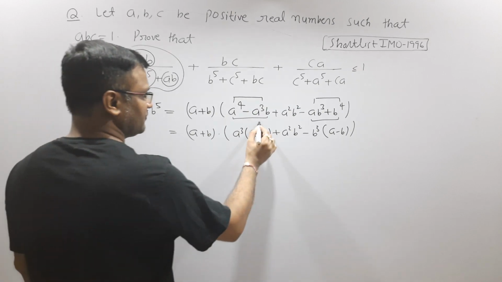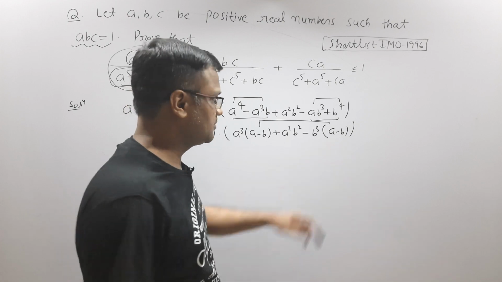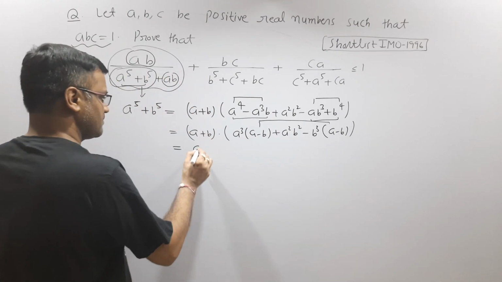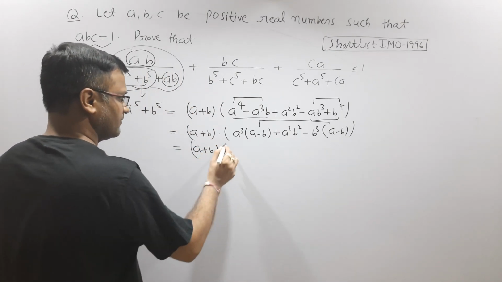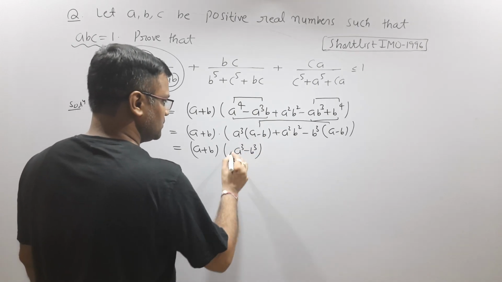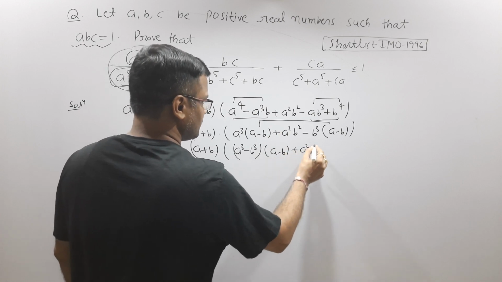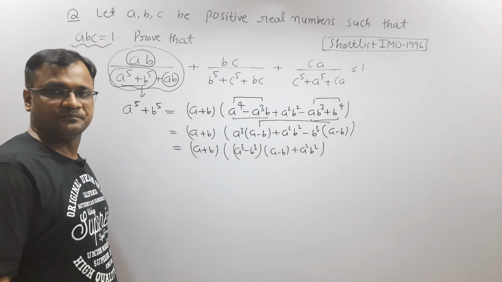Now if you look at the first and the third term, you can take out a minus b common. So a plus b, a cube minus b cube times a minus b plus a square b square.